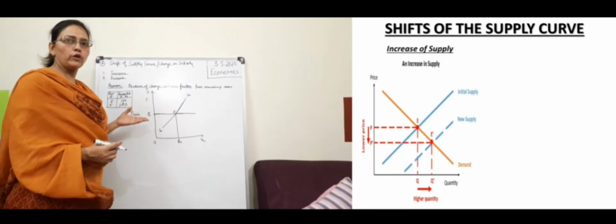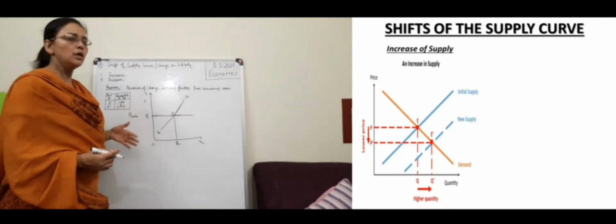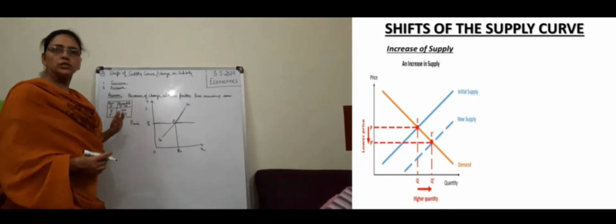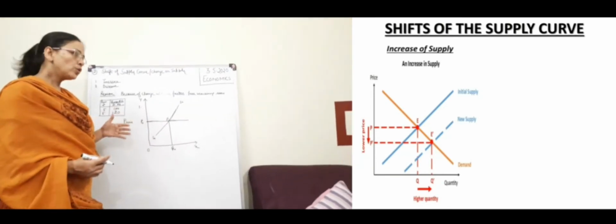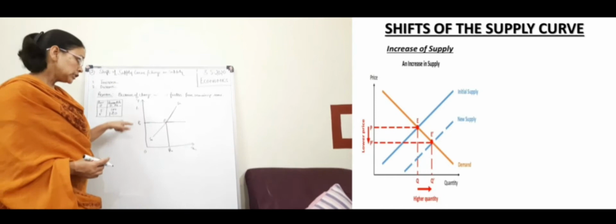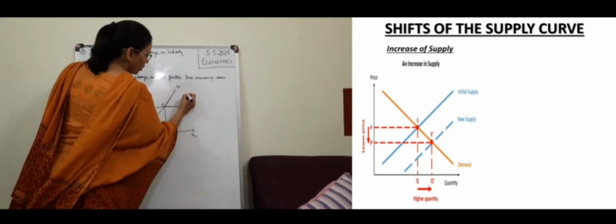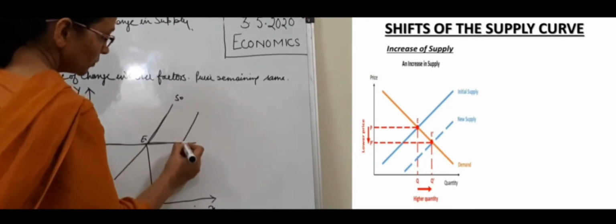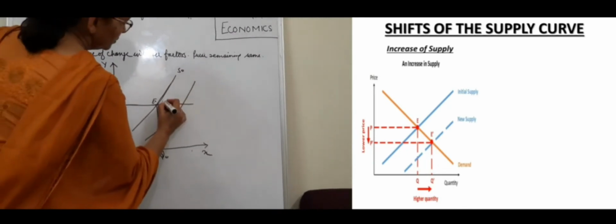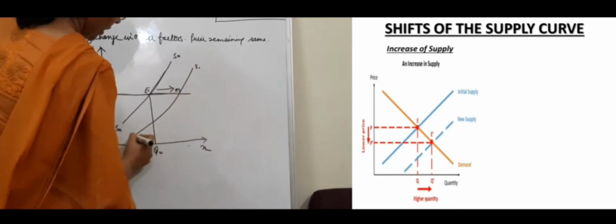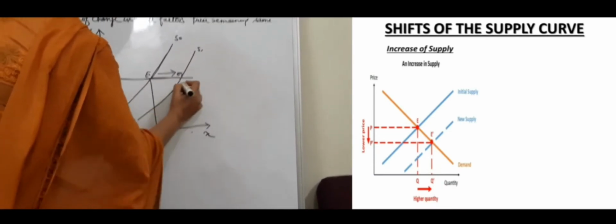I am taking cost of production as one of the factors. Because the cost of production has reduced, the profit margin of the producer has risen, and so they are supplying more at the same price P0, the supply curve will shift forward. Here, from E0 to E1, and this is S1.